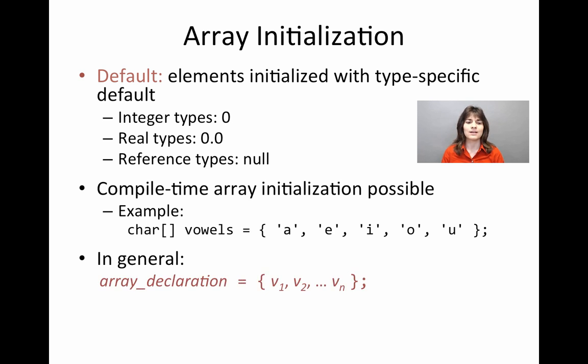In general, we have the declaration of the array variable, and then at the place where we would create the array by saying new char of 5, for example, instead of doing that, we provide the curly braces and as many values as elements that we want. This is the way to initialize an array upon declaration.